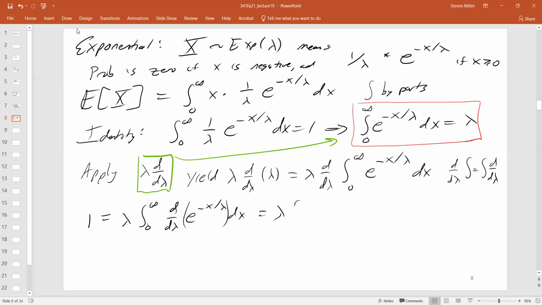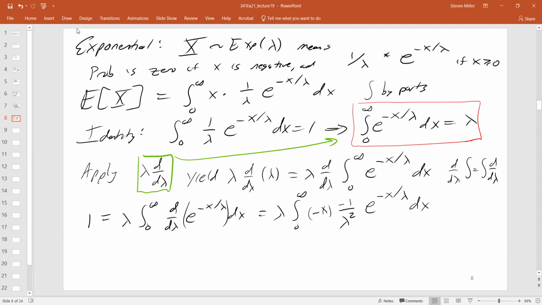Well, that's just lambda times the integral from 0 to infinity. Now we have e to the negative x lambda to the negative 1, so I'm going to get a negative x, and then the derivative of lambda to the negative 1 is going to be negative 1 over lambda squared, e to the negative x over lambda dx.